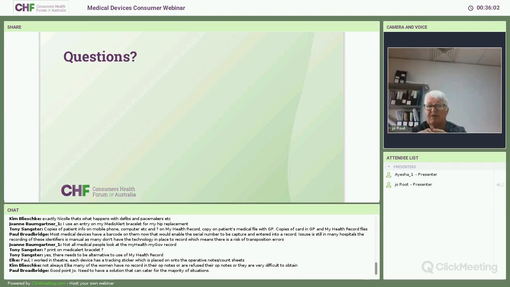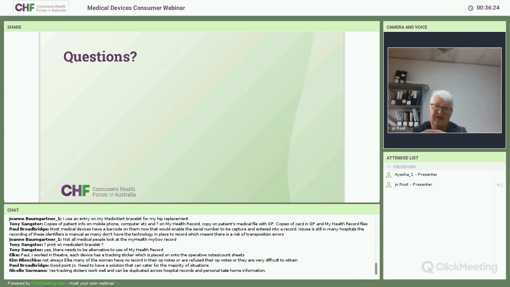And it would seem that that's a little way down the track in terms of full implementation. But it's an obvious place for the information that's on the patient implant card to also go. And we need to at least have it that people could opt to put it there if they wanted.